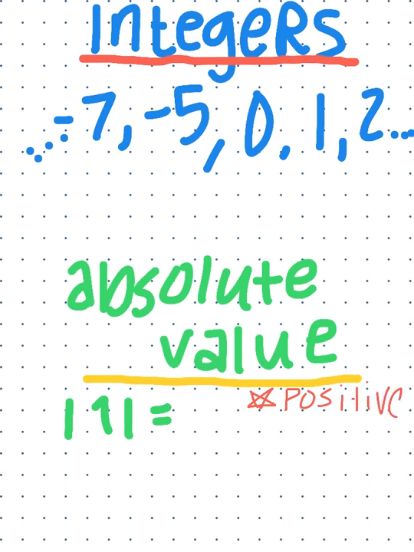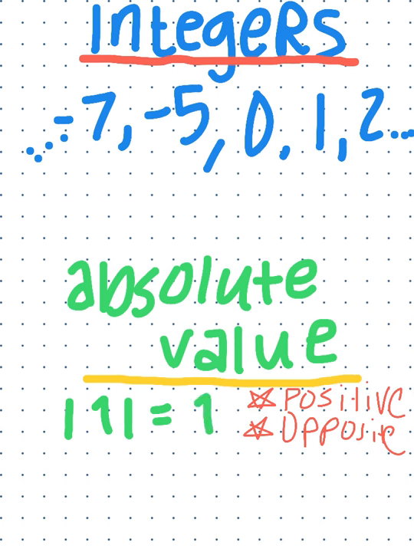Second, it has to be the opposite. All right? So the opposite of 1 would be negative 1, but it can't be negative 1 because it has to be positive. So it has to be what? 1. That's right. So the absolute value of 1 is 1.